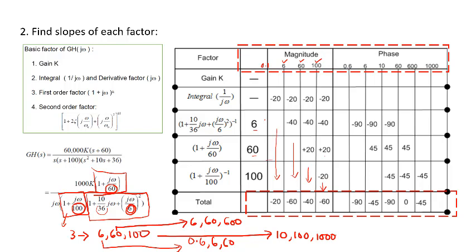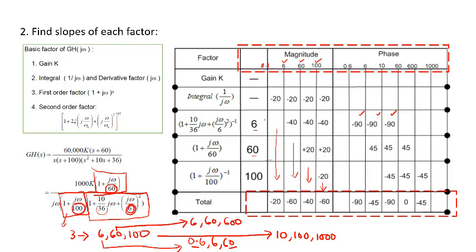So now, to fill up the degrees for each factor, we know that the integral has no slope. And for the second order, it is minus 90 degrees. So it will start from 0.6 to 60.